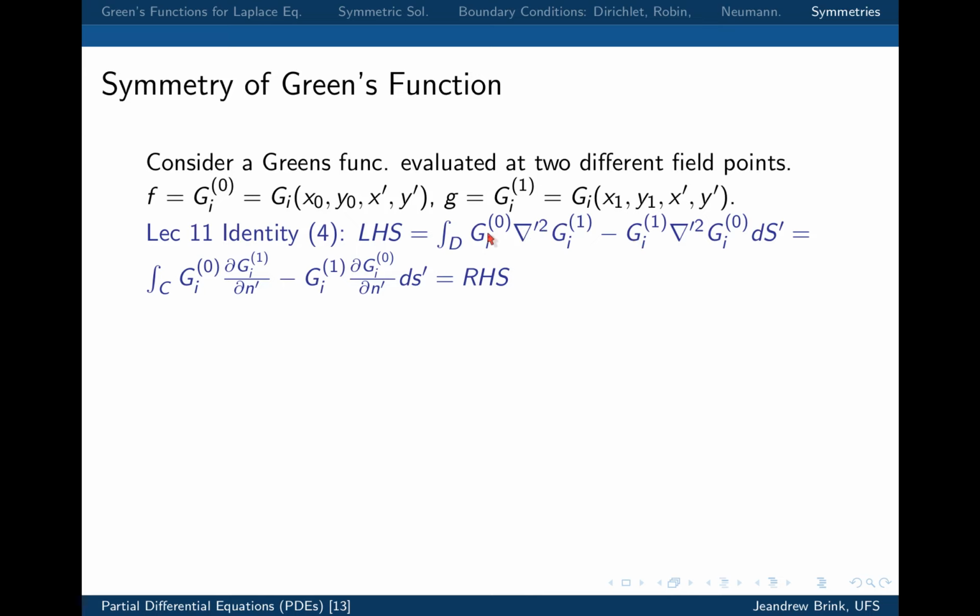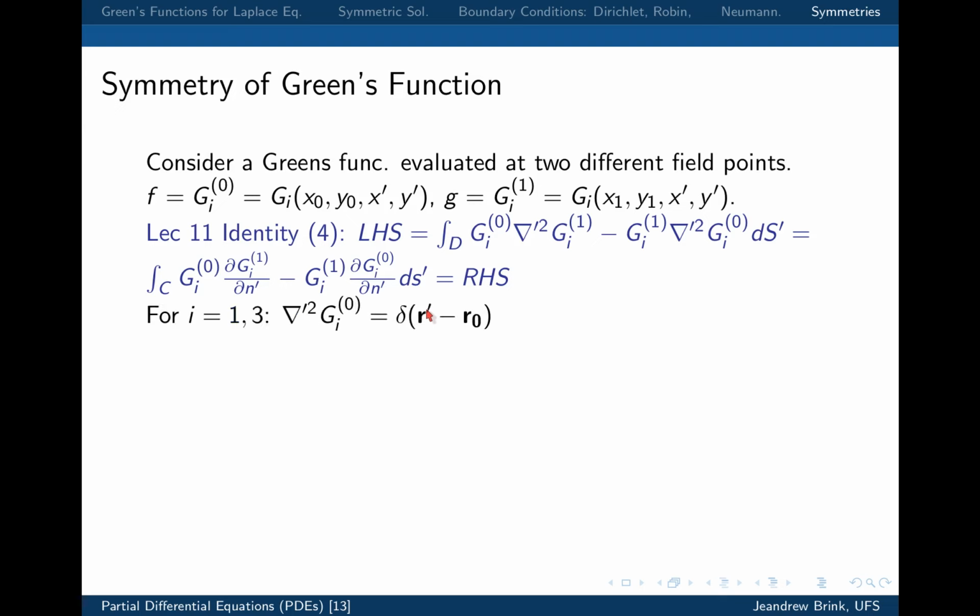You have the Green's function at field point 0 with a Laplace applied to the Green's function at field point 1, minus the Green's function at field point 1 times the Laplace of the Green's function at field point 0. And that is also equal to this expression. I'm going to call this the left-hand side and this other one the right-hand side, just for notation.